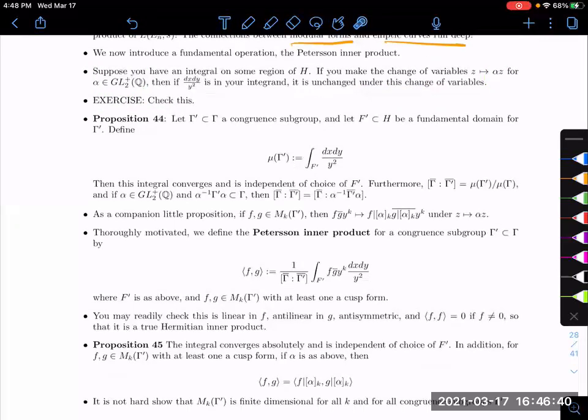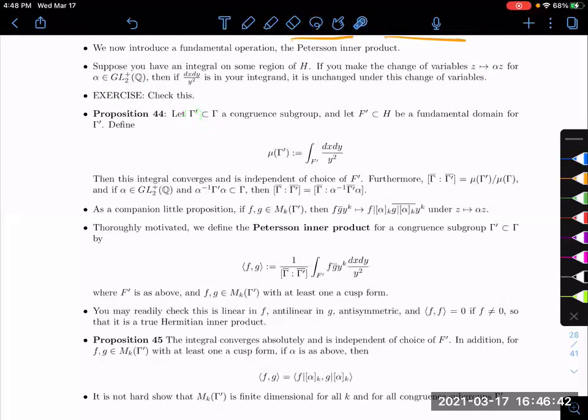Let's say I take a congruence subgroup of SL2Z, and I let F prime be a fundamental domain for that congruence subgroup. Remember, what is a fundamental domain? It's a closed region in the upper half plane such that no 2 points in the interior are gamma prime equivalent, and every point in the upper half plane is gamma prime equivalent to some point inside that fundamental domain.